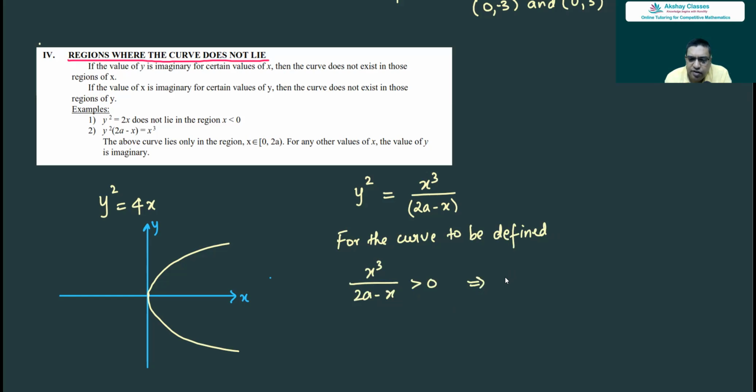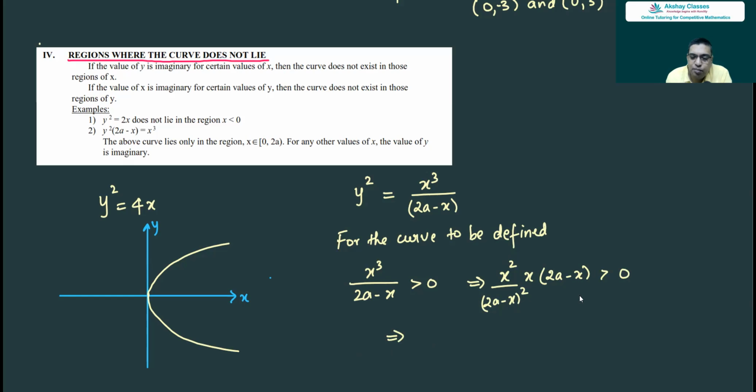So I will write this like this. Just see the way I'm writing. I'll write this as x square multiplied by x, and I'll multiply and divide by 2a minus x. So I'll get 2a minus x the whole square. So I'm dealing with inequalities, not equalities.